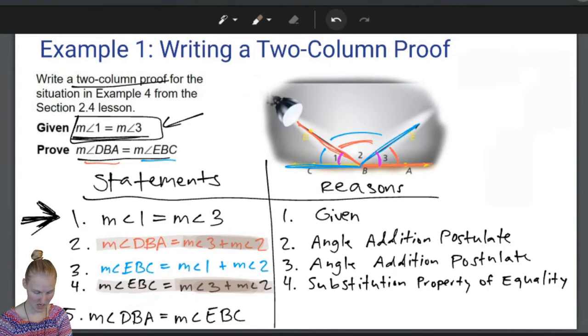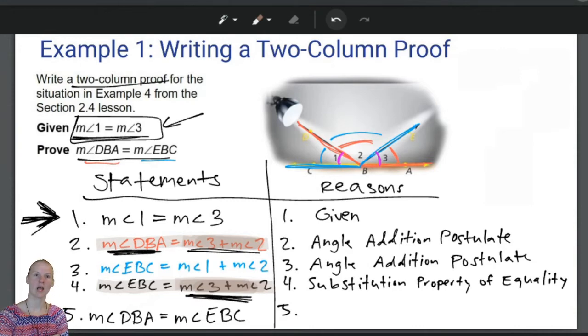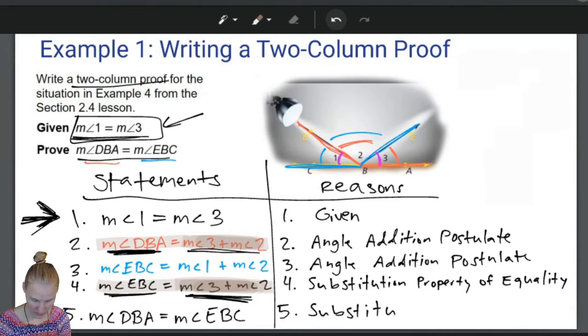Measure of angle DBA equals the measure of angle EBC because this is just substitution again. Up here, DBA is equal to measure of angle 3 plus measure of angle 2. So here, I can swap this for the measure of angle DBA. And I have measure of EBC equals measure of angle DBA. So this is just substitution again. That 5 looks fine. This is substitution yet again.